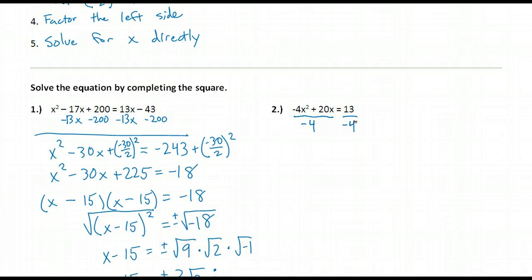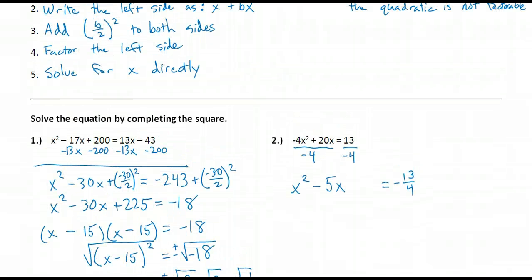So negative 4 divided by negative 4 becomes 1, and I just have 1 x squared minus 5x, equals negative 13/4. Now I need to start with step 2.